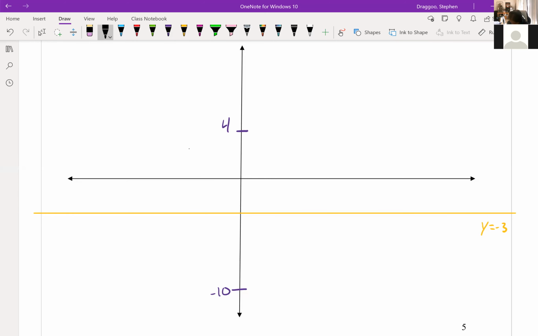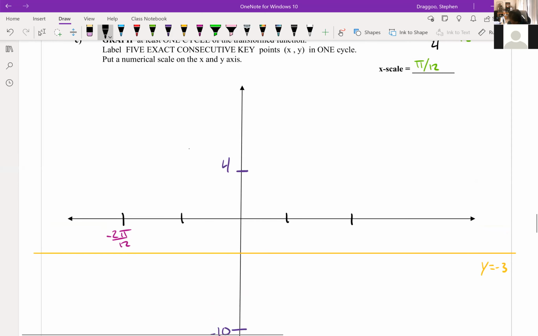And then we need an x scale on here. So I can give myself a bit more space. Roughly that. And our x scale is pi over 12.